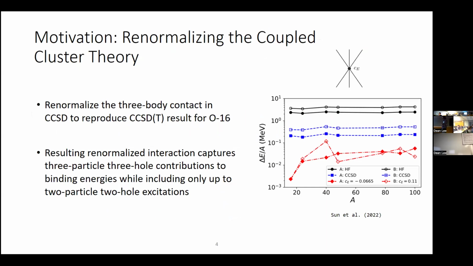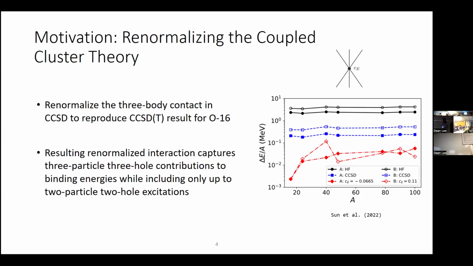co-authors in 2022, where they carried out coupled cluster calculations using singles and doubles excitations only. But they renormalized the three-body contact, cE, to reproduce the oxygen-16 binding energy, right? And then they found that the resulting renormalized interaction extrapolates pretty well compared to the reference, which was coupled cluster including singles, doubles, and triples excitations, across 6 additional nuclei.